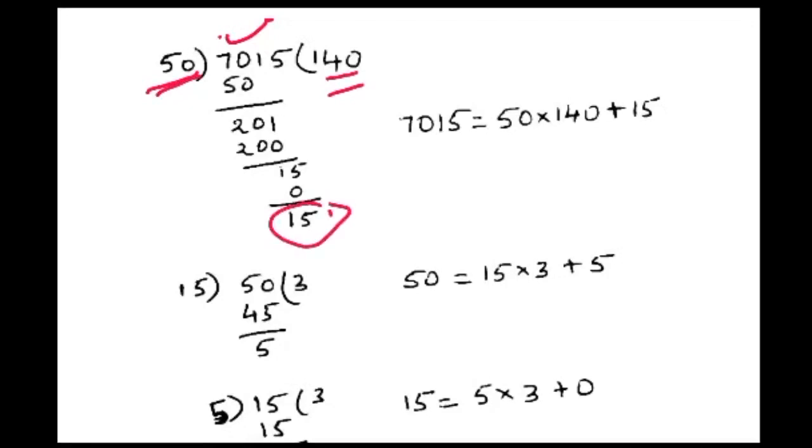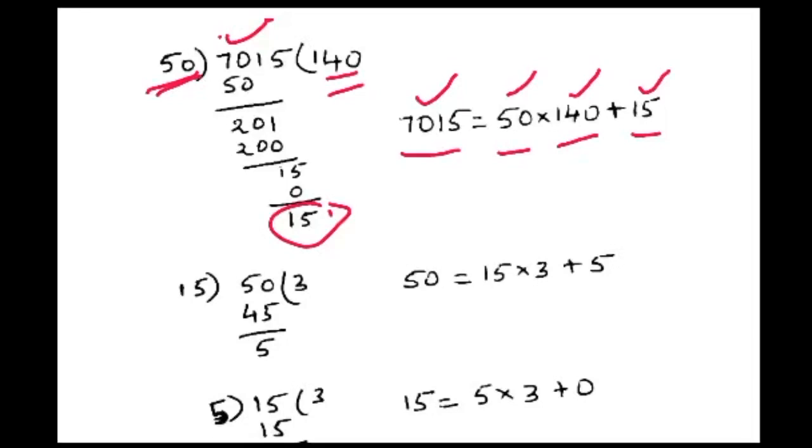Therefore, the dividend is written as the product of divisor 50 multiplied by quotient 140 plus remainder 15. Dividend equals divisor multiplied by quotient plus remainder. So this is the first one.